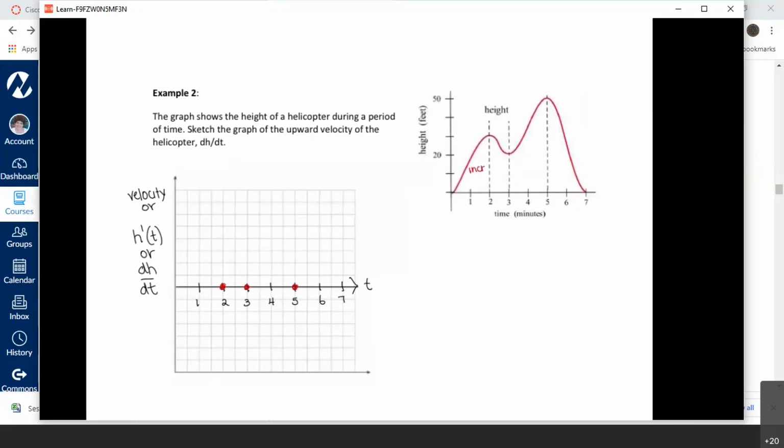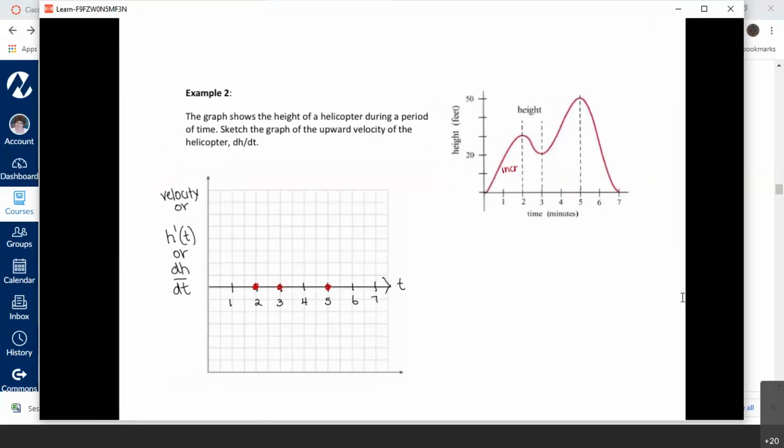Basically the function has a positive tangent line slope. That means my derivative has to have a positive y value. So between 0 and 2, my derivative's y value has got to be up here in positive territory.